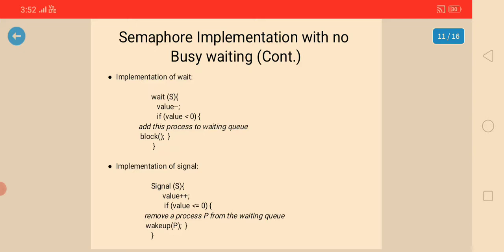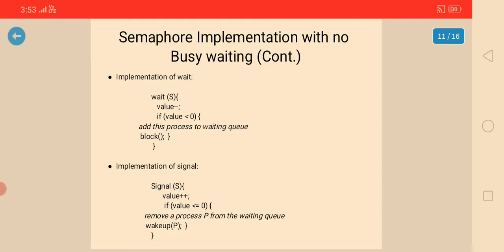Here is the implementation of wait: wait with argument, value minus minus. If value is less than 0, then add this process to the waiting queue and block; end if, end wait. Next, the implementation of signal: signal with argument, value plus plus.